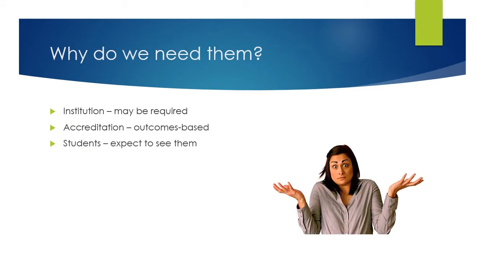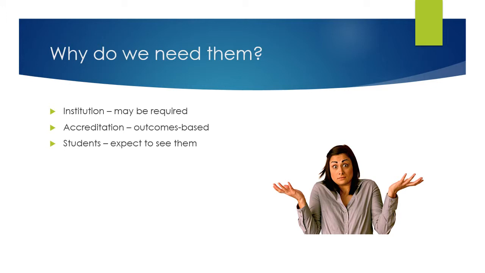As I said on the previous slide, objectives and instruction kind of go hand in hand, but why exactly do we need them? Well, depending on where you work, your institution may require them as part of the instruction that you put together for a course or a unit. Depending on your accreditor, you may have accreditation that has an outcomes-based component, and this could be true for a specific accreditor such as nursing or laboratory science or other specific health sciences educational programs, but also your institution may be accredited by, for example, in the Midwest, here we are accredited by the Higher Learning Commission.